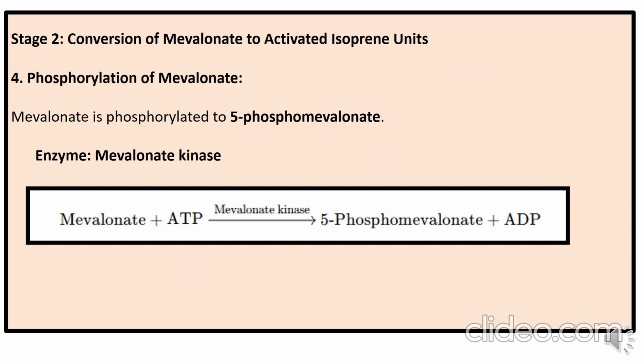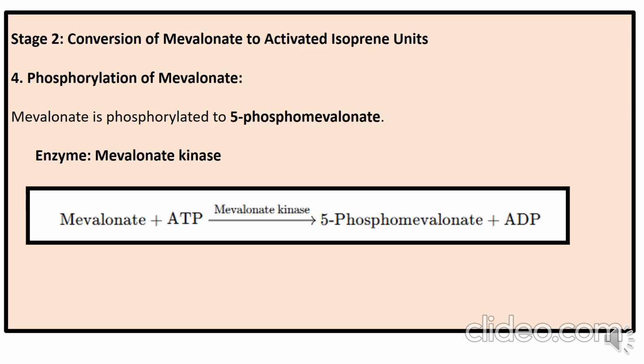Coming to stage 2, which is the conversion of mevalonate to activated isoprene units. Phosphorylation of mevalonate: mevalonate is phosphorylated. Phosphorylation is nothing but addition of a phosphate group. And from where do we get these phosphate groups to add? Naturally from the ATP.